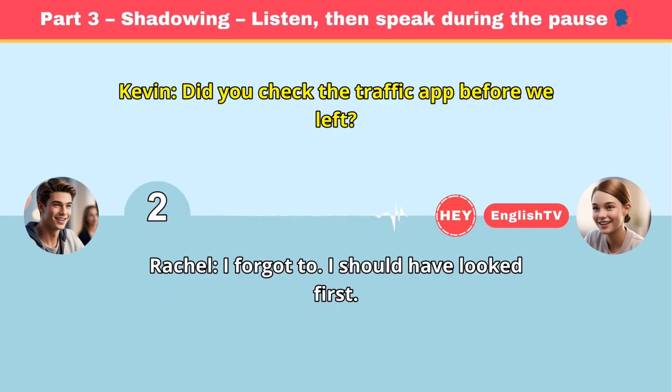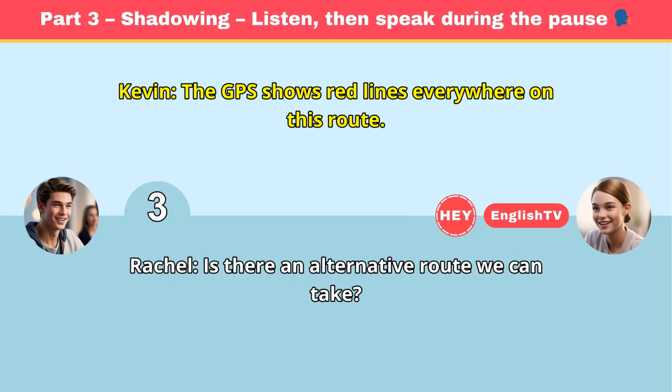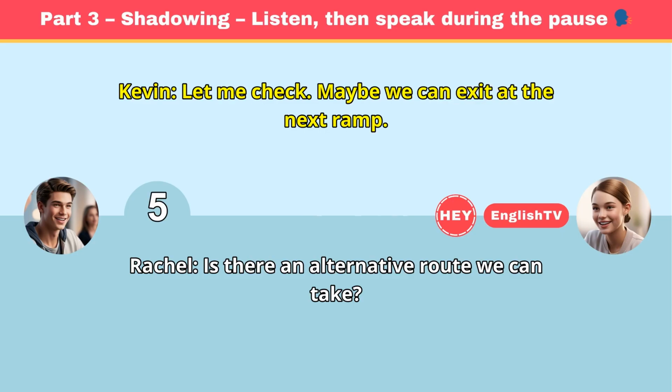I should have looked first. The GPS shows red lines everywhere on this route. Is there an alternative route we can take? Let me check. Maybe we can exit at the next ramp.